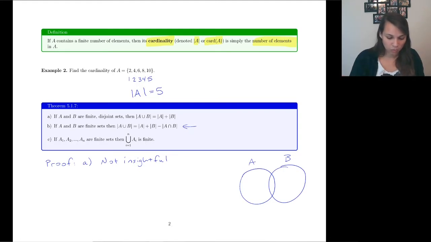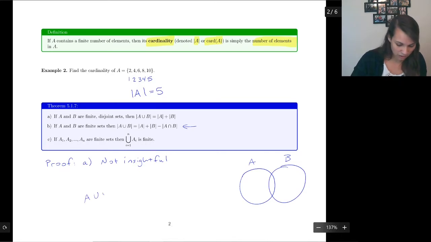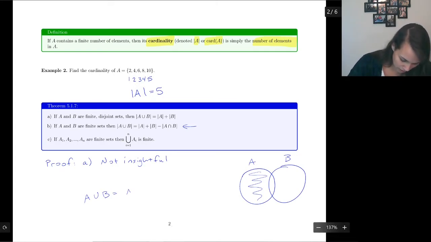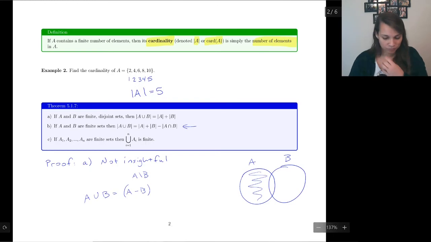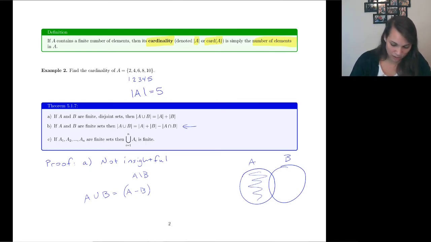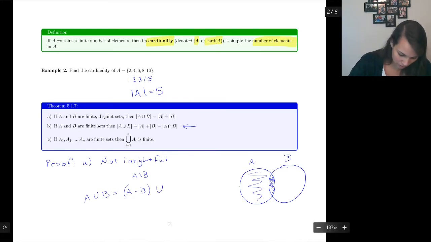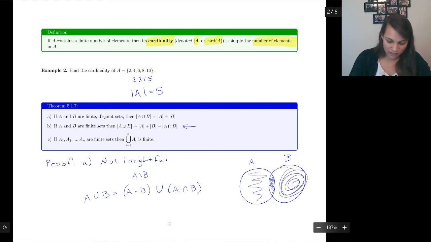So in order to do this, we want to be able to apply the first part, which means we need to develop a way of writing A union B using disjoint sets. Just by definition of the difference of sets, remember A minus B, or A backslash B would be the better notation, so A without B, is going to be disjoint from the part where A and B overlap, so union A intersect B. And then to get the rest of the union, we need all the parts of B that we haven't counted yet.